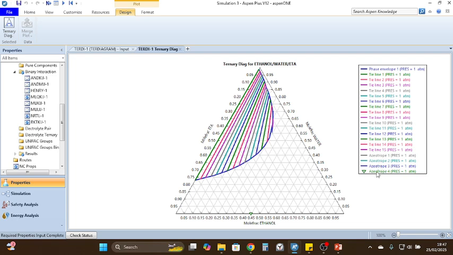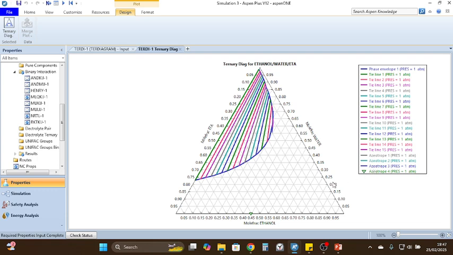In the previous class, I had given a detailed demonstration of how to read these ternary graphs. So if there is a doubt, you can reach out to me regarding any doubts for these ternary diagrams. And over here you can see the azeotropes that are being formed.